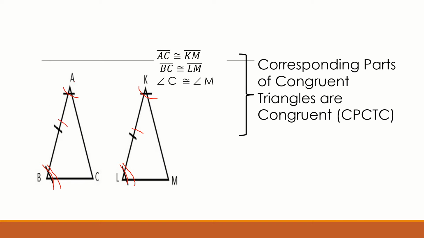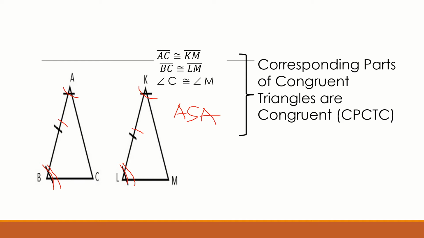Therefore, since tatlong parts yung congruent, the two triangles are congruent. So, anong postulate yan? Of course, we have the two angles and the included side. So that is, the two triangles are congruent through ASA.